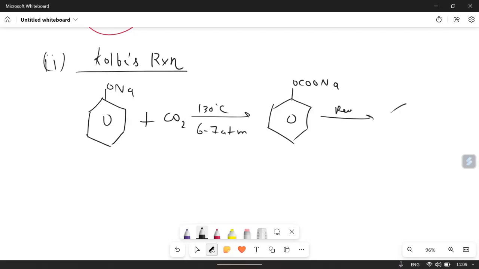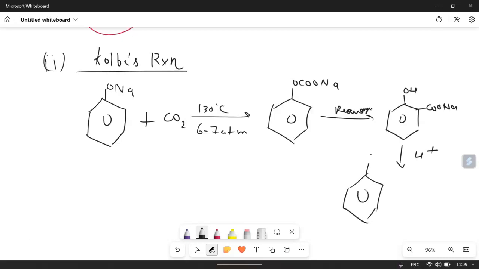Rearrangement will happen and it will form OH, COONa. Due to rearrangement, in the presence of H plus, it will give salicylic acid, which is OH, COOH. It is named salicylic acid. So this is called Kolbe reaction, in the presence of CO2, and rearrangement is there.